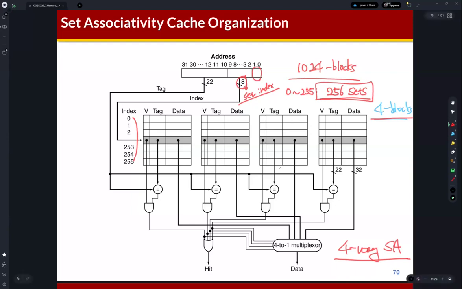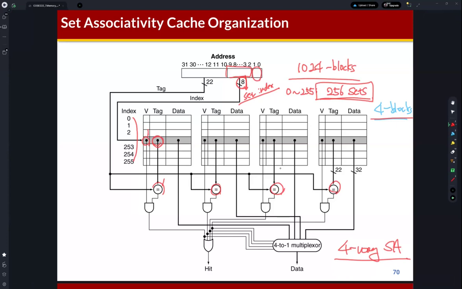So using this set index field, we can identify the target set for this cache, right? Then for the target set, we need to compare the valid bit and tags in the cache. You can find the comparators here, and also we need to check the validity of the cache block. Okay.